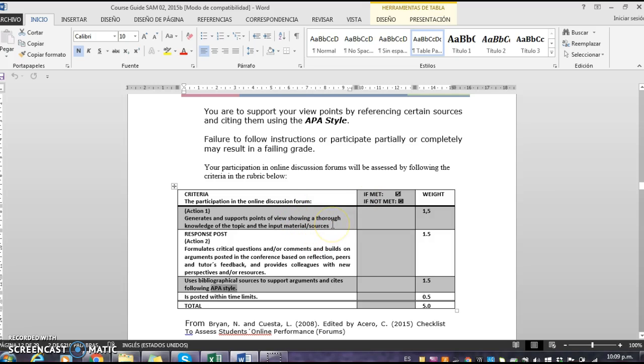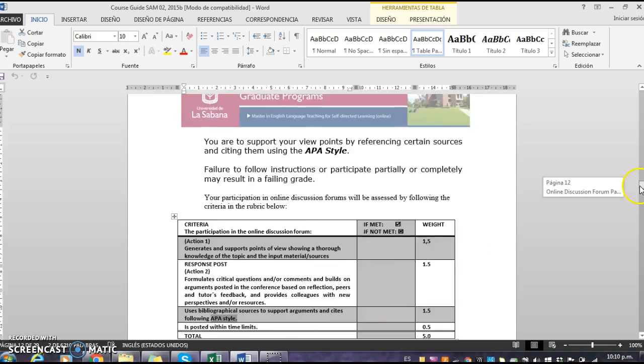Most of you, at a certain moment, complied with one of these requirements. Meanwhile, some others did not, and that's basically the problem that we have.